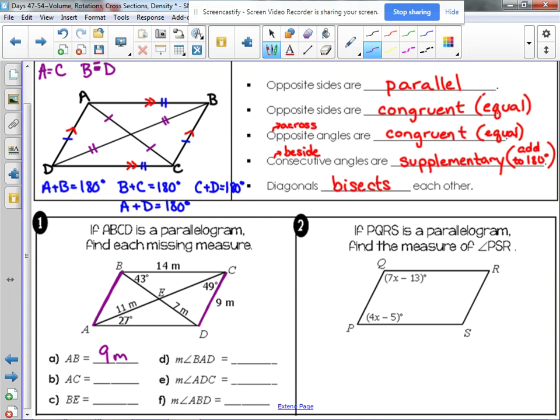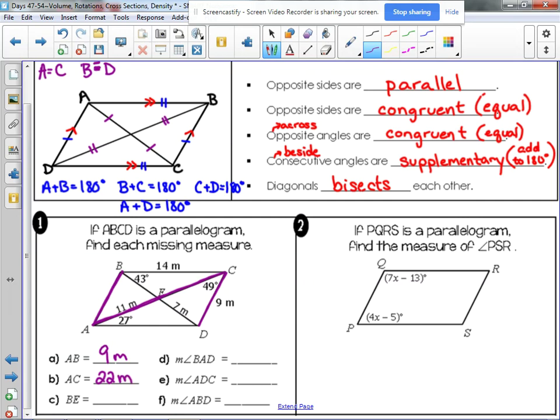Pretty simple, right? Okay, AC. AC is that diagonal that's going through the middle right there. It's not labeled. Well, the entire thing is not labeled. Part of it is, right? A to E is 11. So if A to E is 11, the whole thing, A to C, is 22.